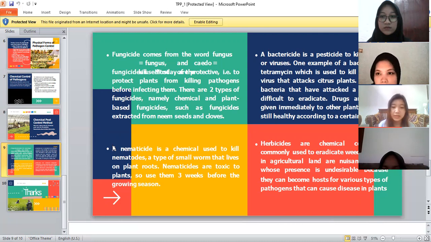A nematicide is a chemical used to kill nematodes, a type of small worm that lives on plant roots. Nematicides are toxic to plants, so use them 3 weeks before the growing season. The last one is herbicide, chemical compounds commonly used to eradicate weeds, which in agricultural land are nuisance plants whose presence is undesirable because they can become hosts for various types of pathogens that can cause disease in plants.